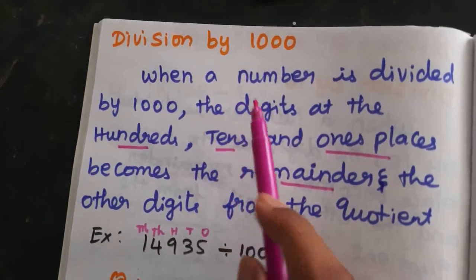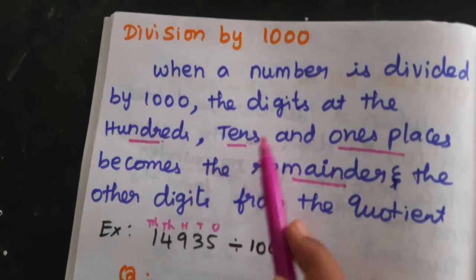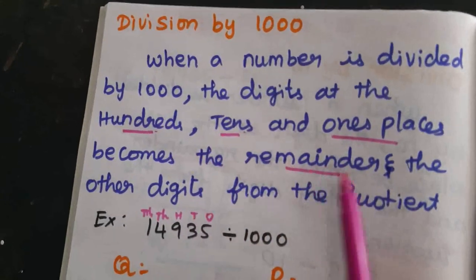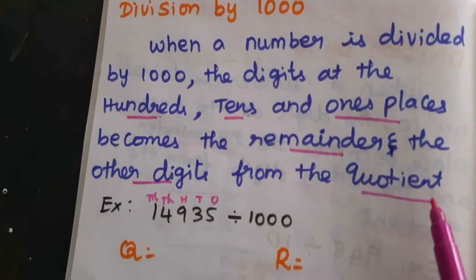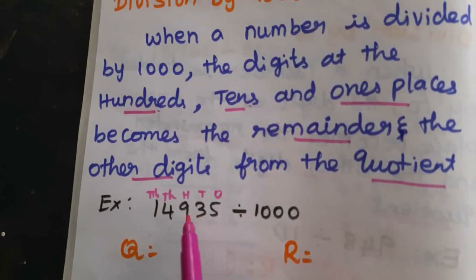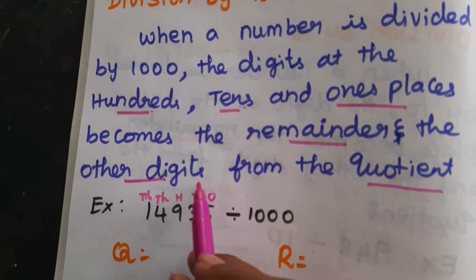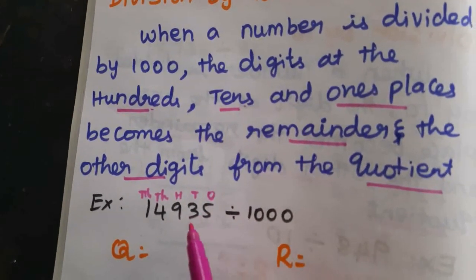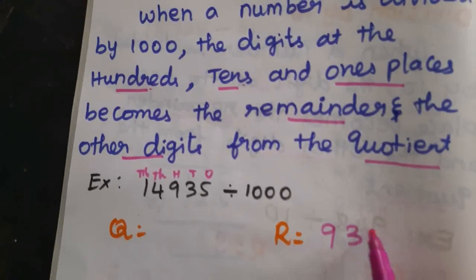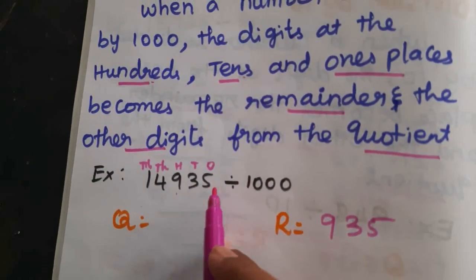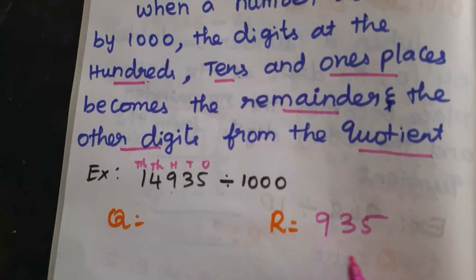But in the division by 1000, the hundreds, tens, ones place become the remainder. So the other digits are the quotient. Okay, now we see that example. So see here, what are the numbers in the hundreds, tens, ones? That number comes in the remainder part. So 935 is the remainder.